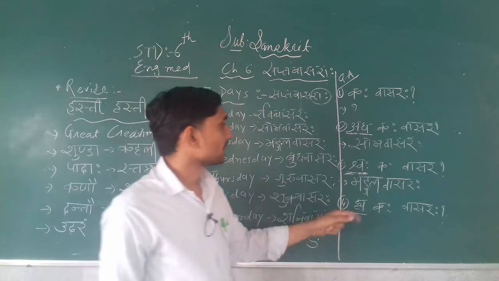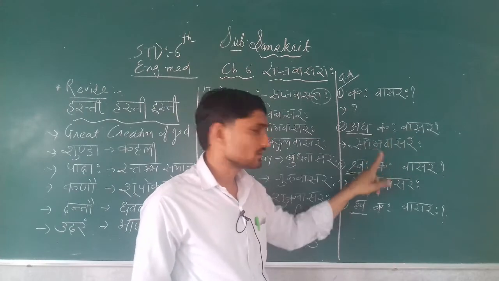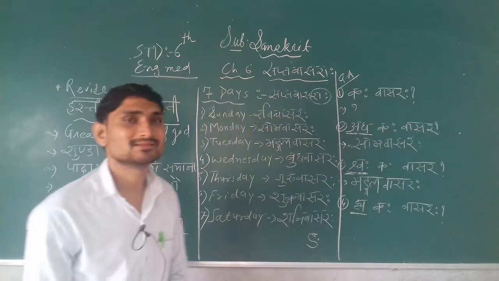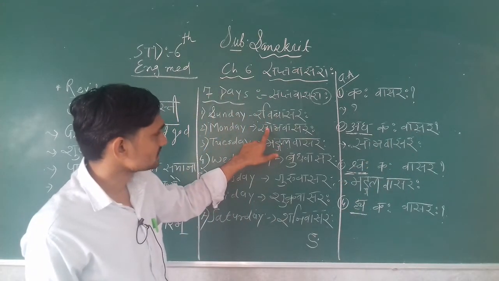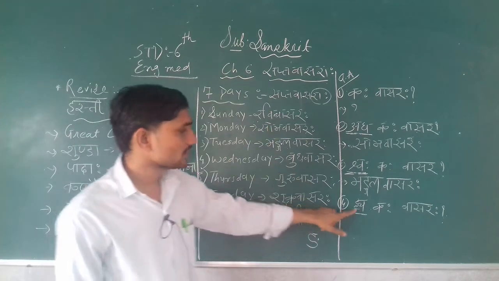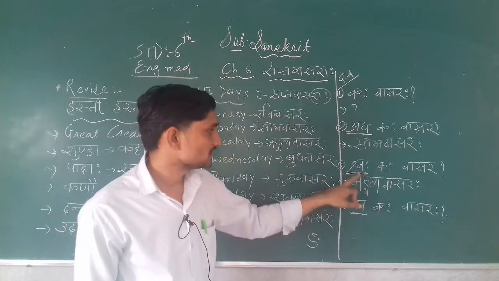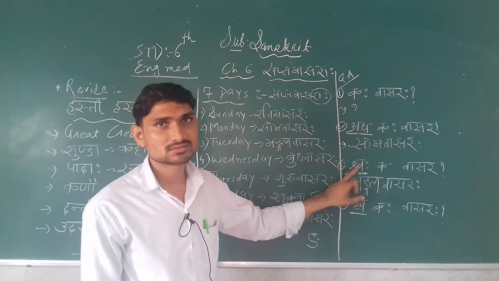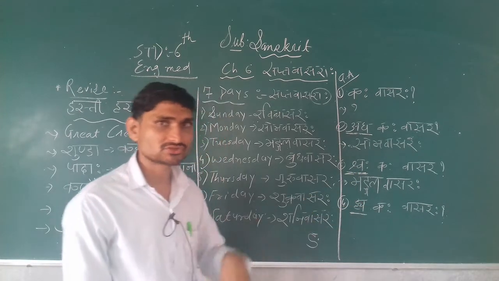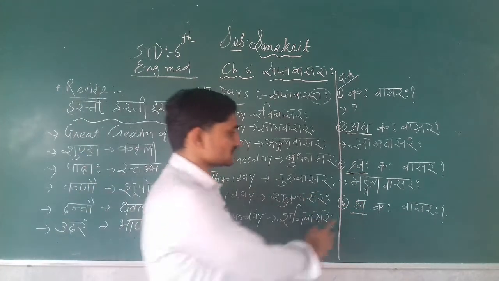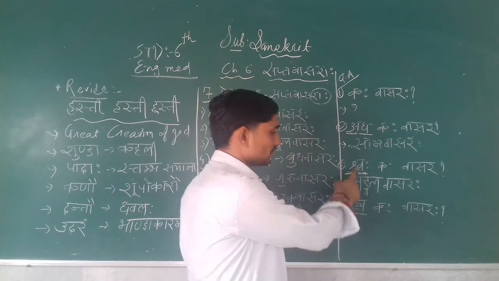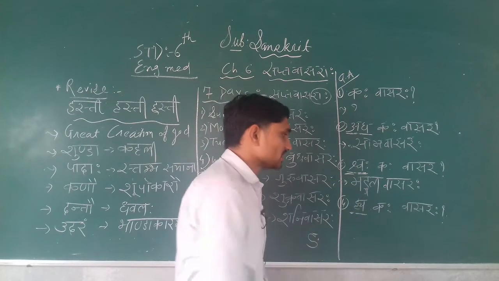Now next, see, adya Somavasara, here hyah kah Vasara. See, adya Somavasara. Here, that means, you know students, shwah means tomorrow and hyah means yesterday. Understood? Hyah means yesterday and shwah means tomorrow. So yesterday which day?